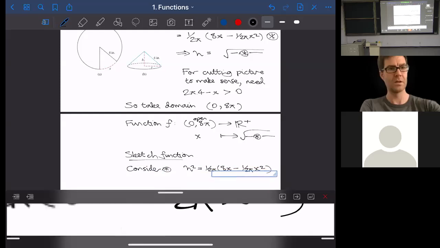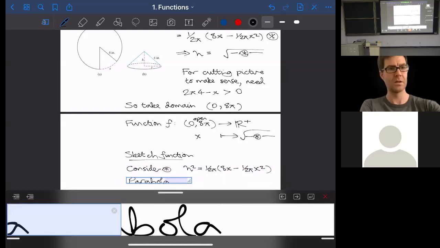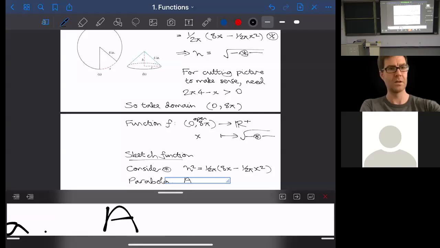So this is quadratic, so we can draw a parabola. So like we did before, let's first calculate the axis, x.